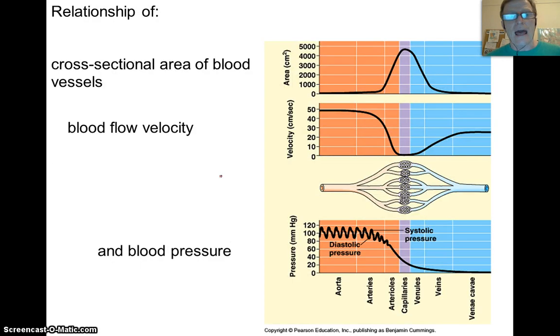So now when we look at blood flowing through the body, we can start to see some things that are happening. Number one, as blood flows from the aorta to arteries to capillaries, the little tiny blood vessels, the surface area increases, right? So the increased surface area, because that's where those capillaries are now bathing all of our cells and allowing for gas exchange, okay?